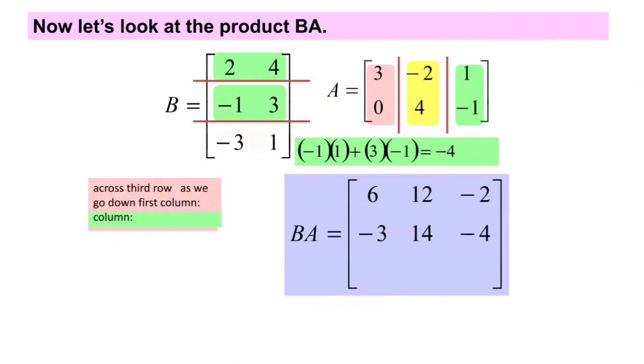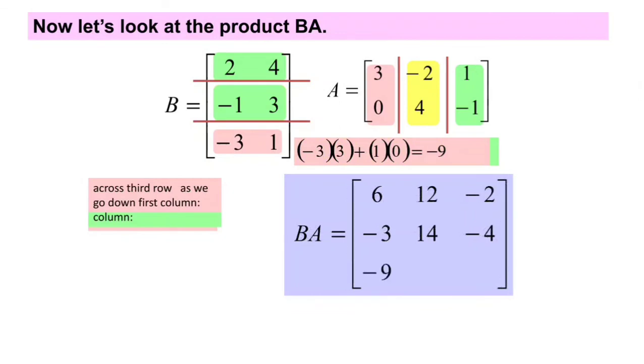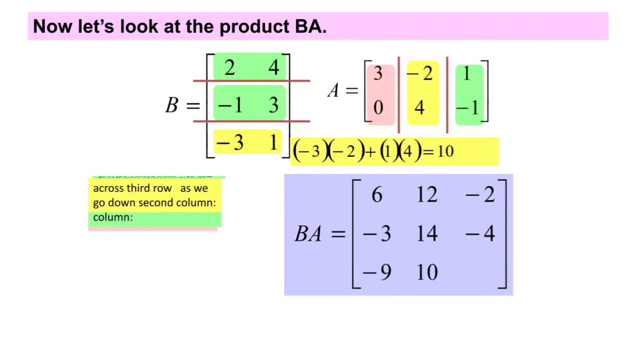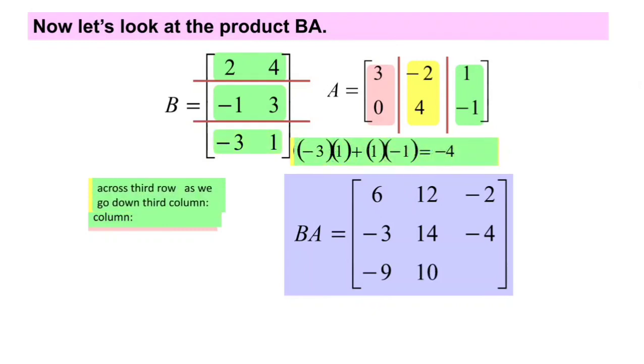Similarly for the third row of BA, the first is -9. Again, across the third row as we go down the second column, you will get 10, and the last number, across the third row as we go down the third column, is nothing but -4.